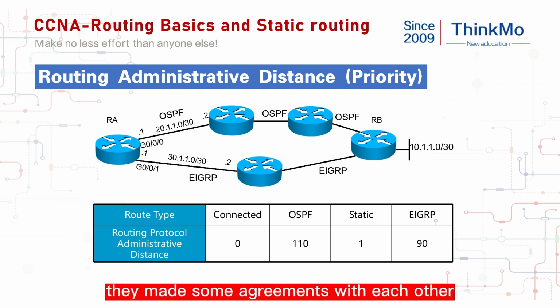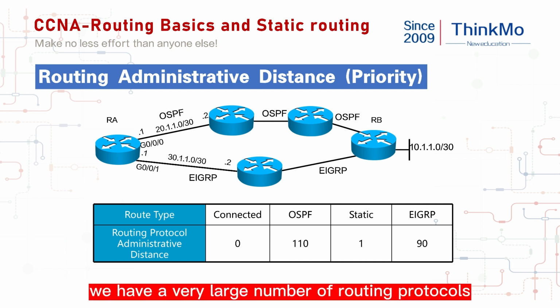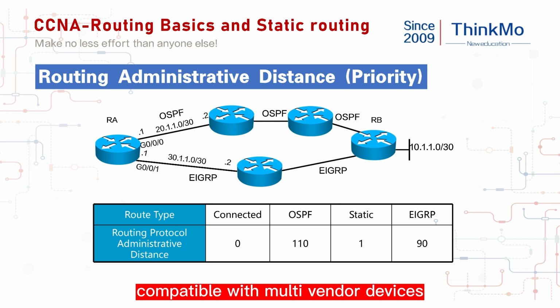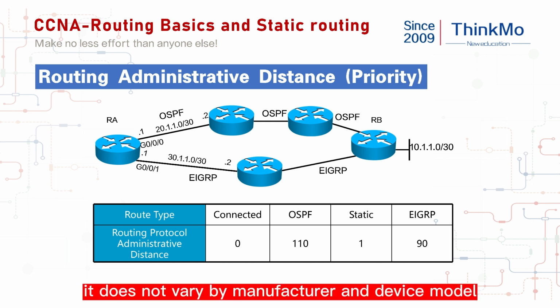They made some agreements with each other, and when calculating, do calculations locally. But don't worry. We have a very large number of routing protocols compatible with multi-vendor devices. It does not vary by manufacturer and device model. This leads to problems with the routing table.